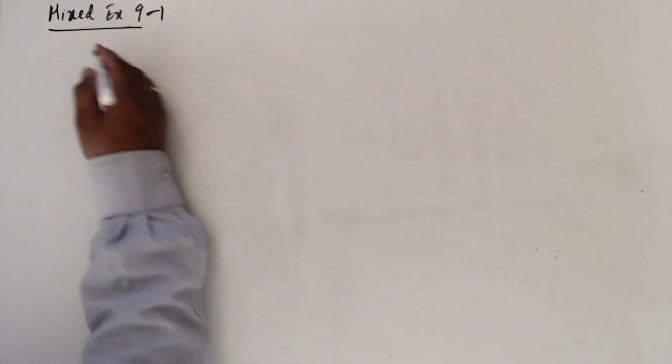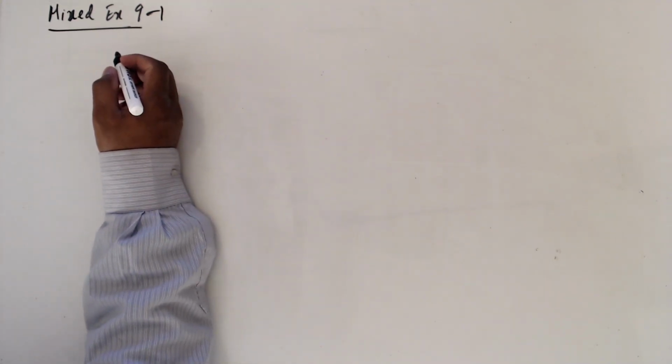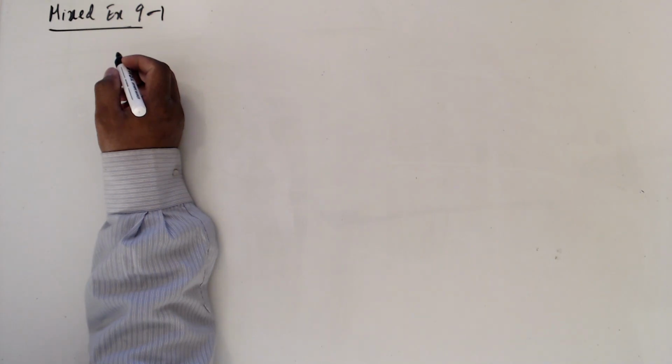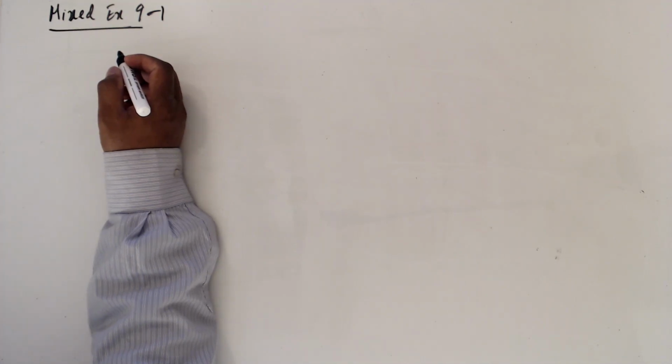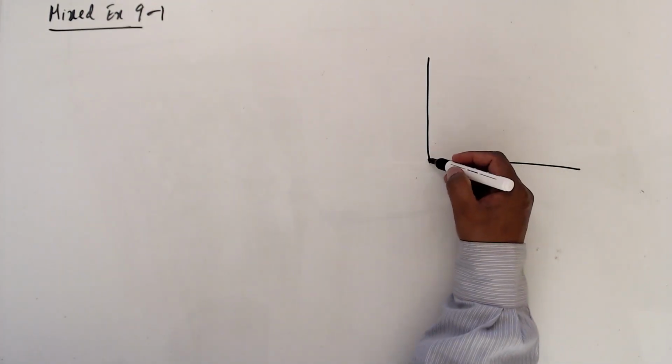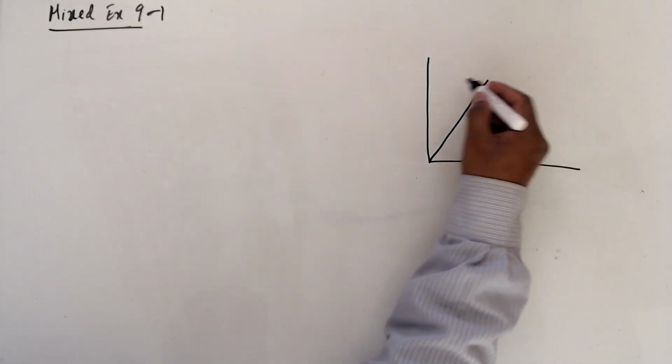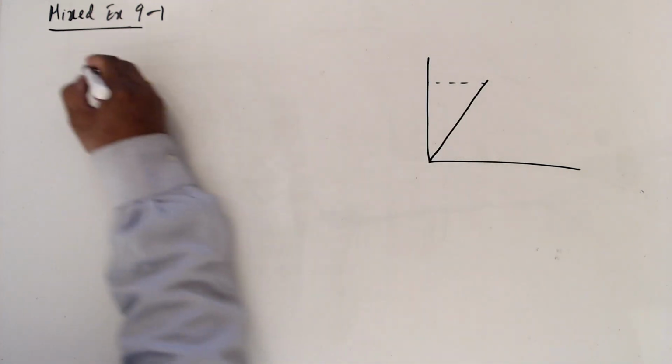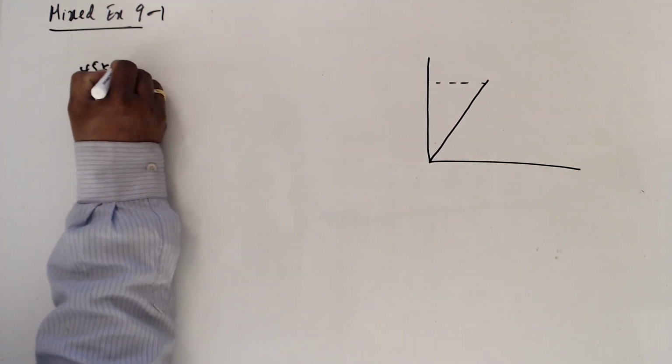Mixed exercise 9, question number 1. A car accelerates in a straight line at a constant rate, starting from rest at point E and reaching a velocity of 45 km/h. So the velocity-time graph starts from rest and reaches 45 km/h.